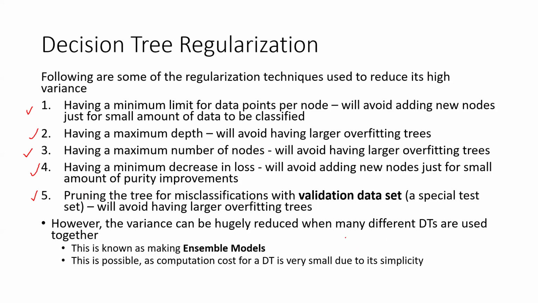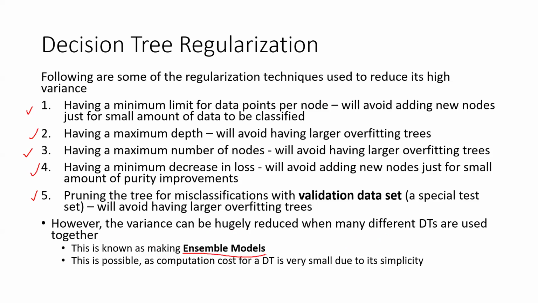Once we have done this kind of regularization, we come up with many decision trees that are smaller in size and less overfitting, and then we can combine them together and make a single model known as an ensemble model, right?